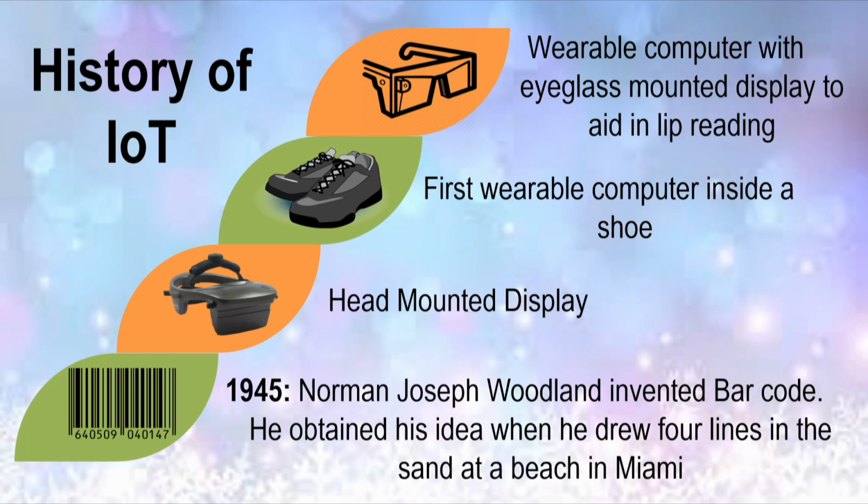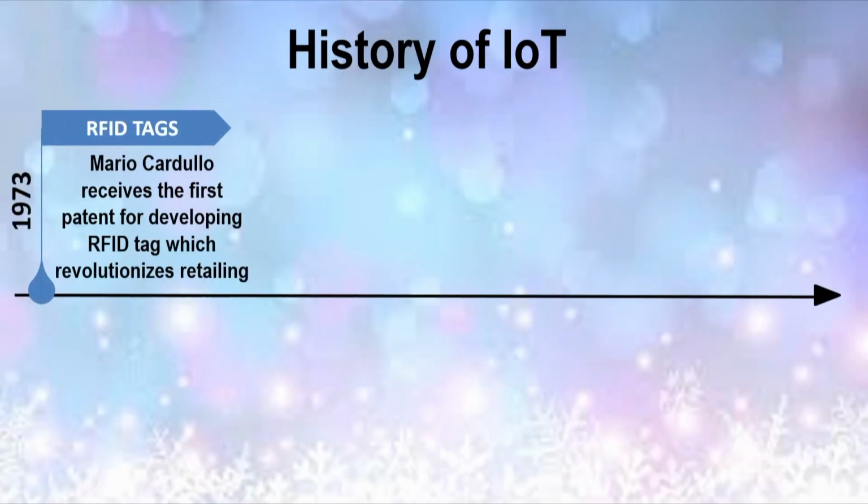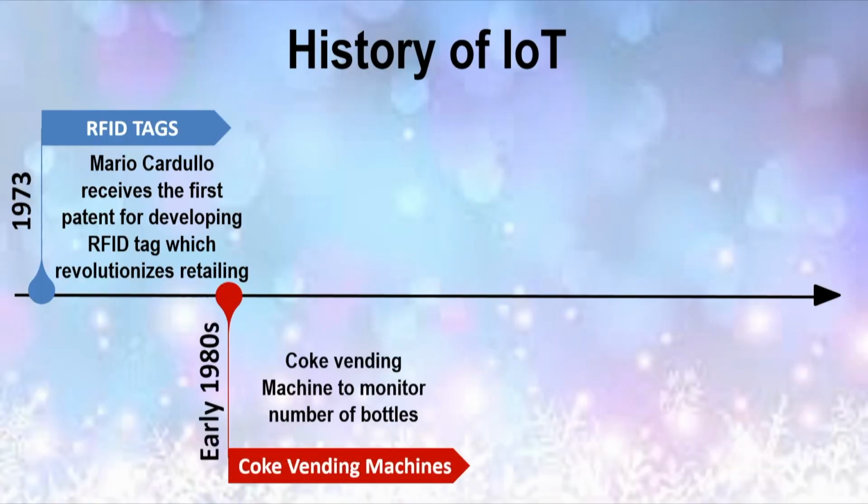aid in lip reading. After that, in 1973, really revolution came when Mario Cardullo developed the RFID tags, and it revolutionizes the retailing industry so much. And in 1980s, Coke vending machine has been developed to monitor number of bottles of the Cokes.